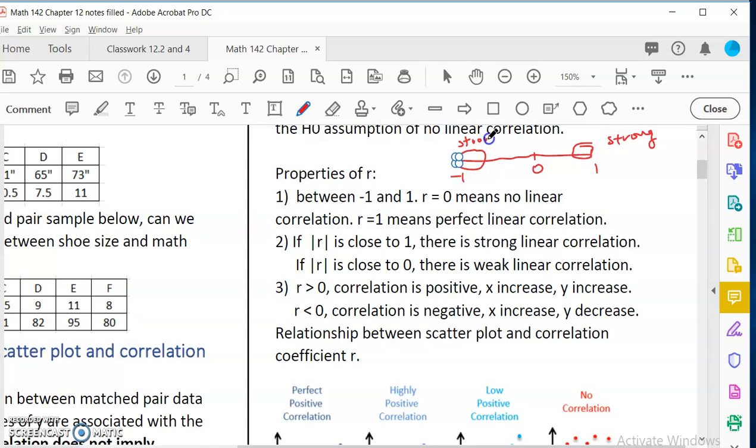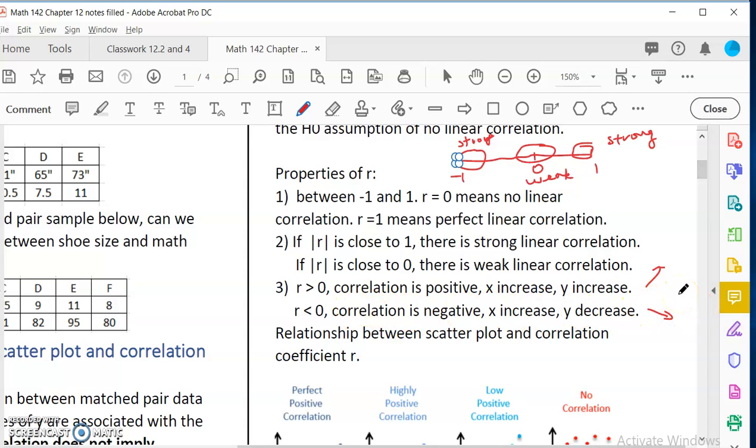But when they're close to 0, like 0.1, 0.2, or -0.1, these are when you have weak correlation, right? Weak positive, weak negative. If R is positive, then you have a positive slope. In general, you will see the points go up, and if R is negative, you see a negative slope.